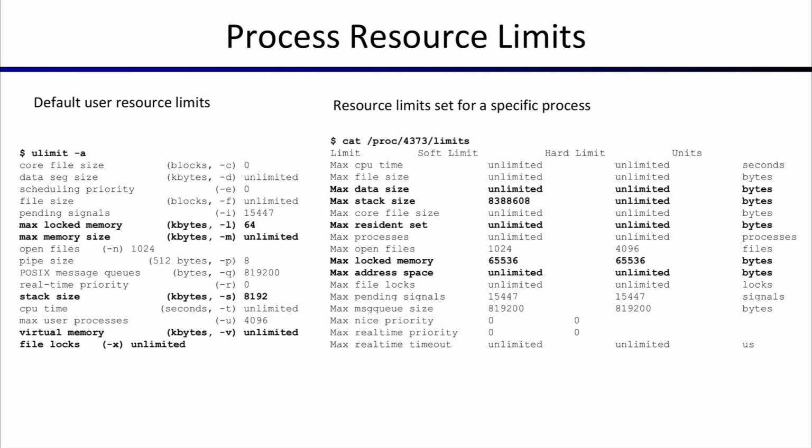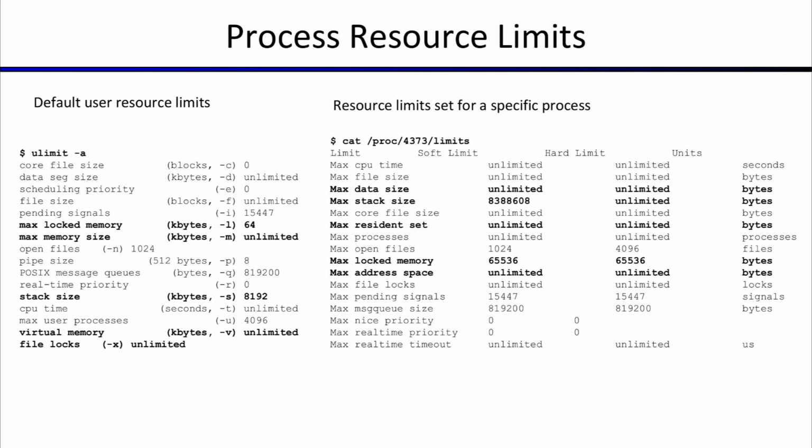You can have a max memory size that you could use. You can have a max stack size, and some of these have defaults. Some of these are unlimited. Stack size is defaulted to 8 megabytes, and that helps prevent recursive operations that can go on and increase the stack. Virtual memory can be limited as well.